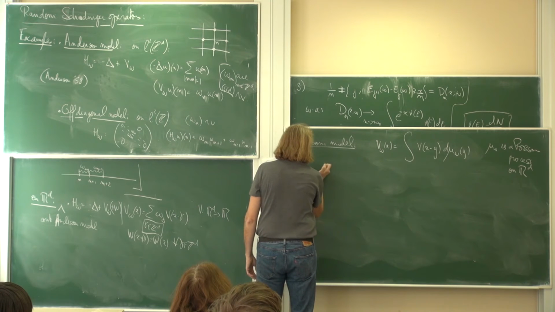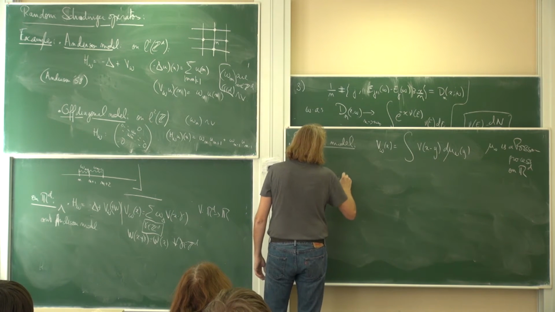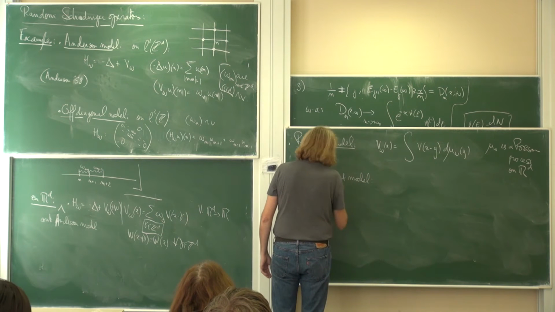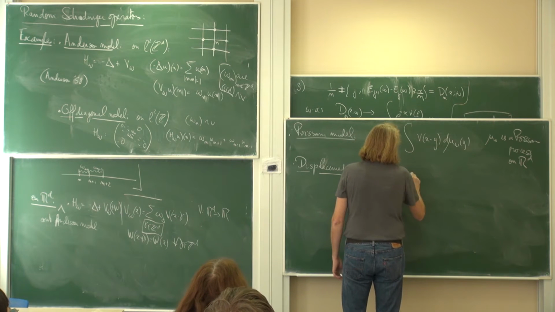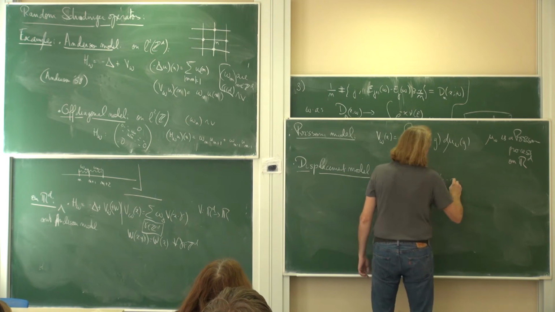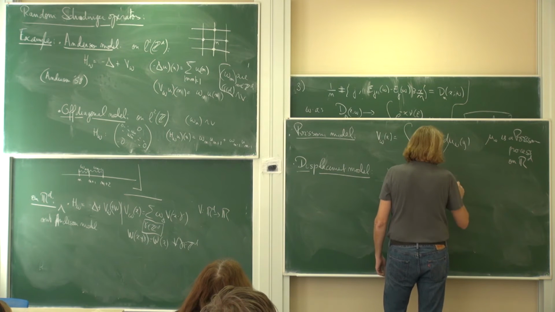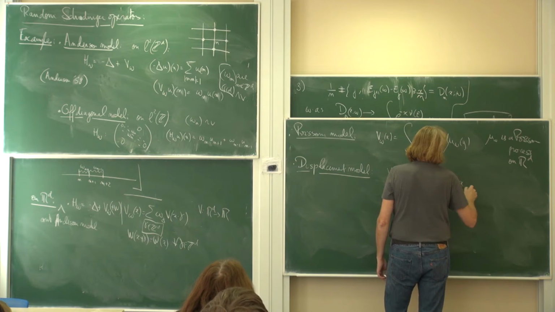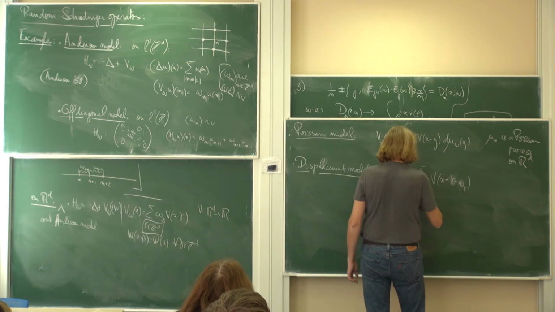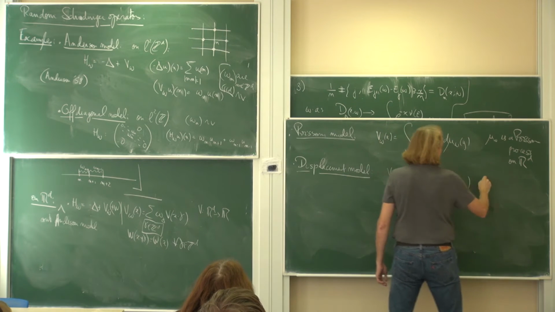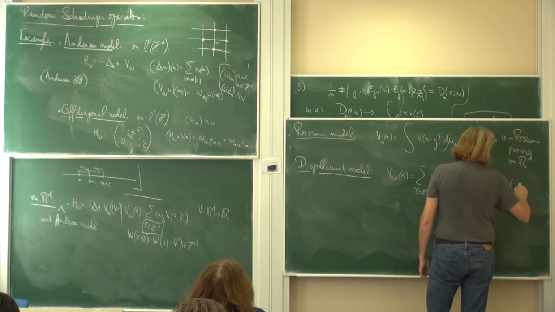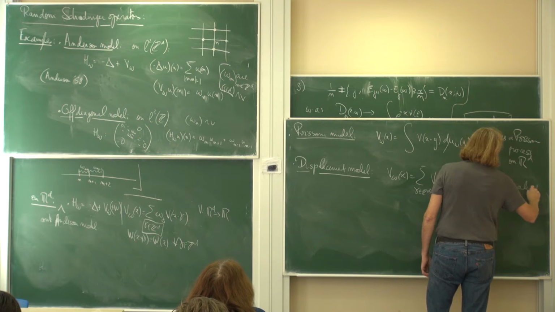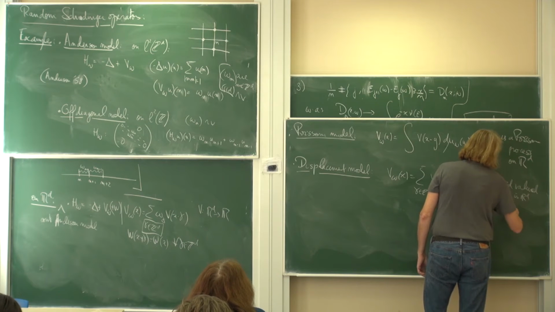And the last one I want to cite, or describe, is the displacement model, which is somewhere in between these two. Well, what you do is you take V omega of x to be the sum over gamma in Z^d of V(x minus gamma minus omega gamma), and here you take omega gamma to be IID valued in R^d, and compactly supported.